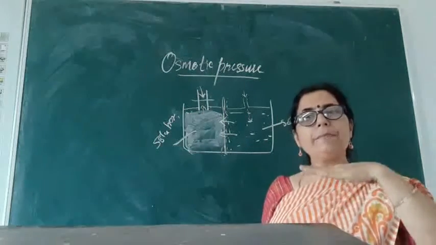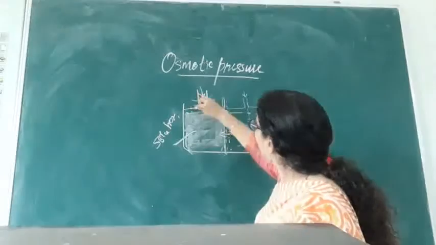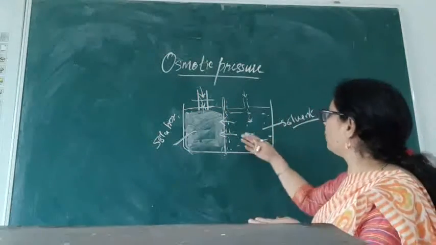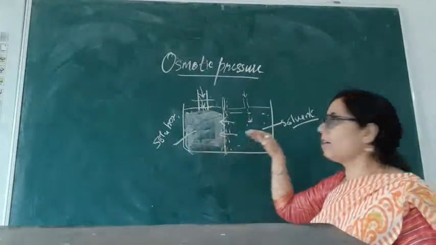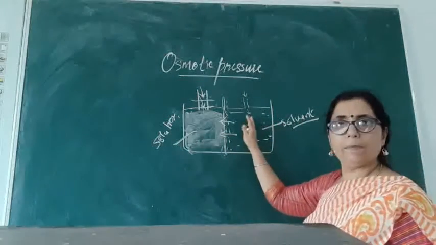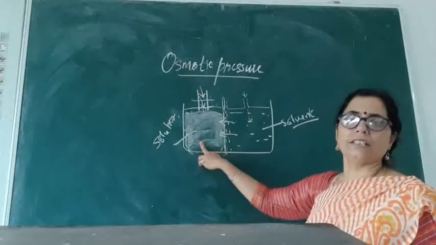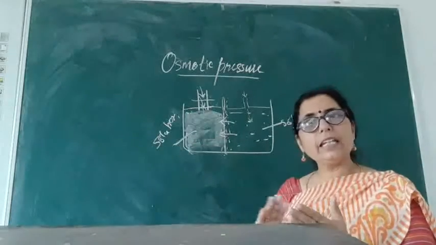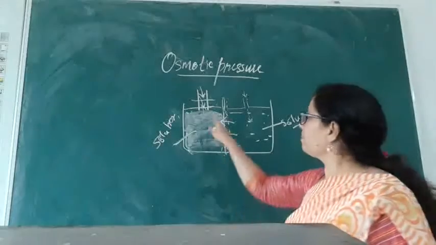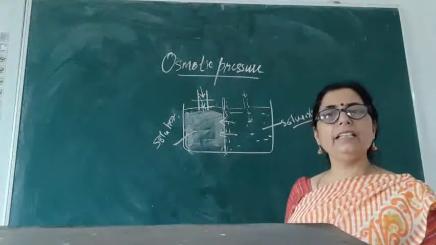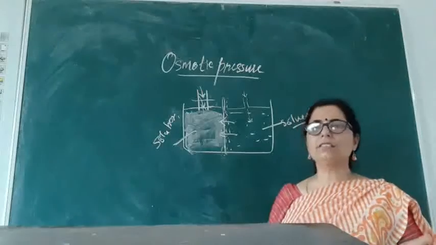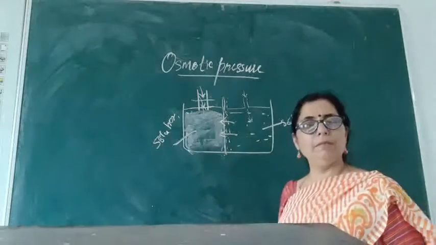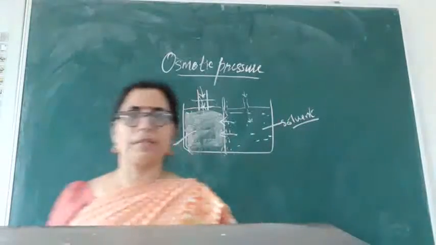But when a slight pressure is applied through the piston and it is moved up to here, no more solvent molecules are allowed to move from the solvent part to the highly concentrated solution. Thereby an equilibrium is maintained. The pressure exerted to maintain the equilibrium between the solvent and the solution part of the container, separated by the semi-permeable membrane, is known as osmotic pressure.